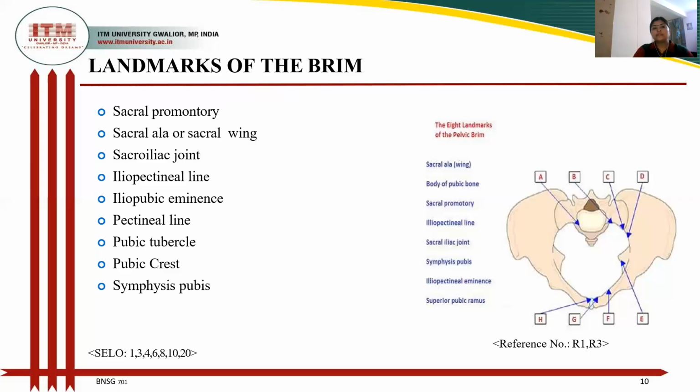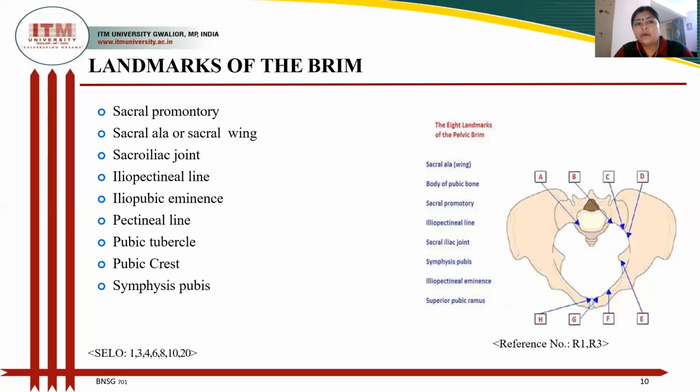Next, we are moving on to something very important. It should be on the tip of your tongue, you should learn this by heart, and you should understand where these bones are actually present. A very important aspect of the pelvis you need to understand, because the whole delivery process is based on these landmarks, and without knowing these alignments, you won't be able to understand the position of the baby and the uterus.